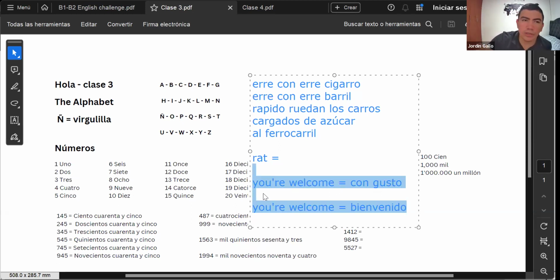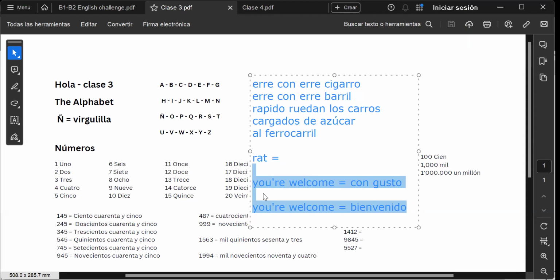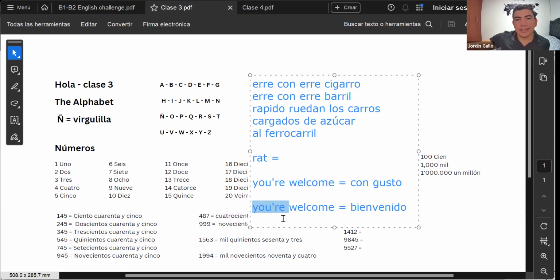Con gusto would be the answer after gracias. So bienvenido would be Y-O-U-R welcome? Yeah, exactly. For example, imagine if you come to Colombia one day, I'm going to say to you, hey, welcome to Colombia. So that would be bienvenida o bienvenido a Colombia, o bienvenidos in plural.